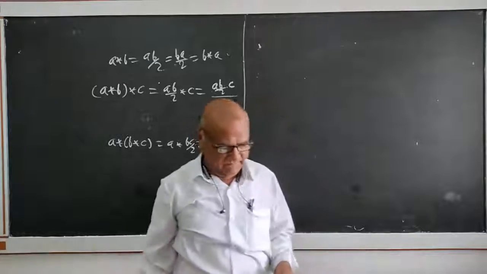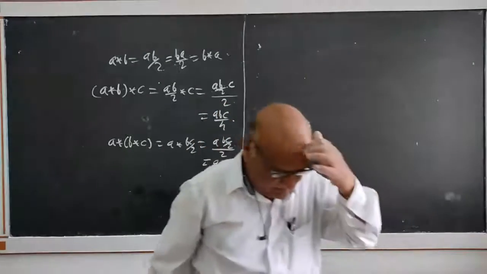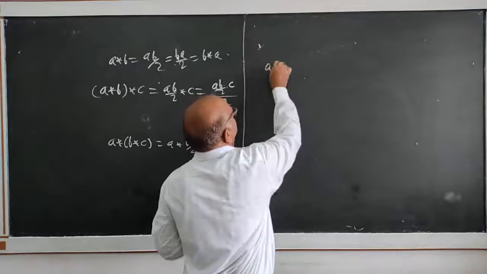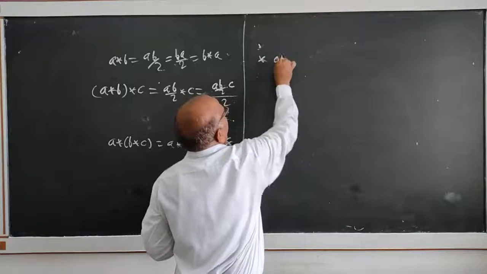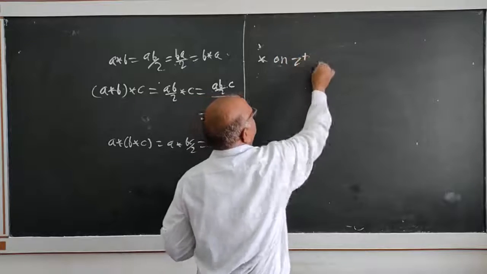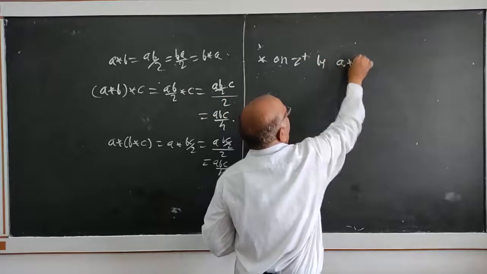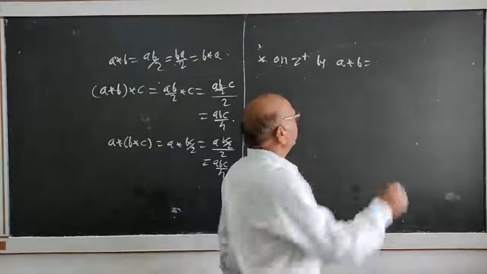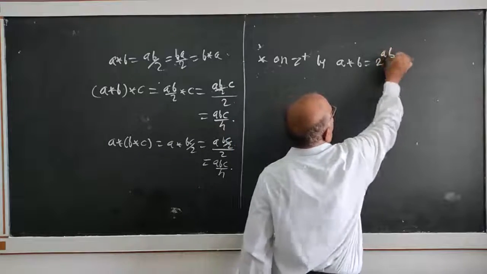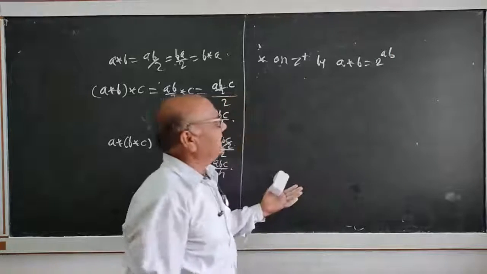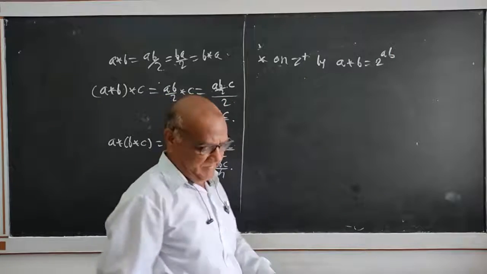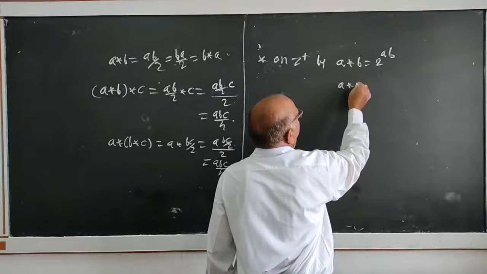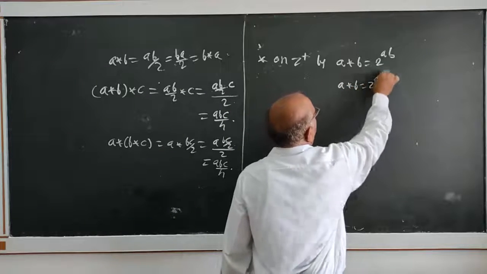If we take another, star on Z plus, A star B is equal to 2 raised to AB. Clearly, this is commutative. That means A star B is equal to 2 raised to AB.